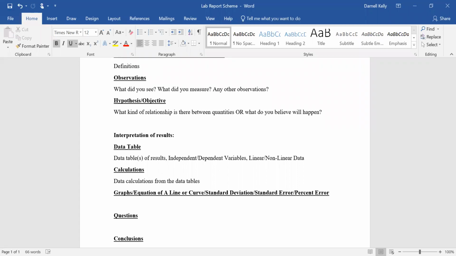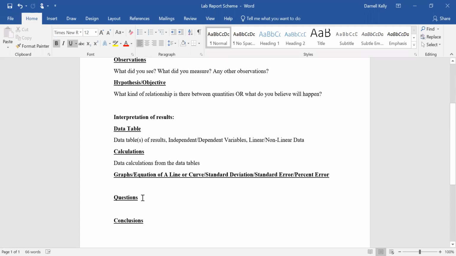We're just going to do the basics: standard deviation, standard error, percent error, equations of lines. And any questions that you may propose to another group, and any conclusions. Most of the time we'll just go to conclusions. So this is basically a lab report, lab schema, scientific method embedded, and we'll get used to this over time.